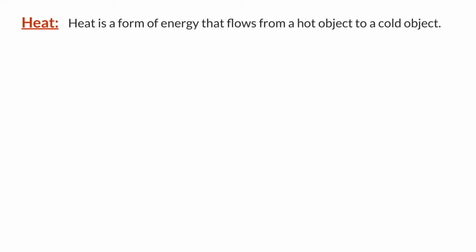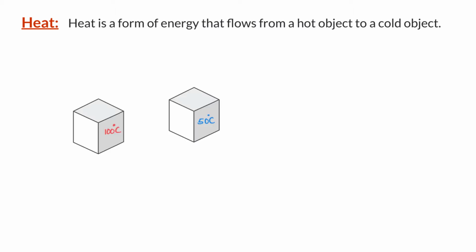In the earlier video, we learned that heat is a form of energy that flows from a hot object to a cold object. For example, we have two different objects, one at 100 degrees Celsius and the second one at 50 degrees Celsius.